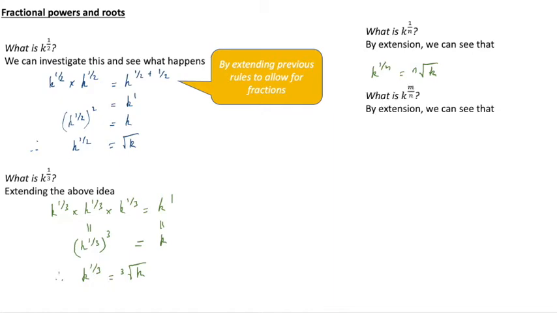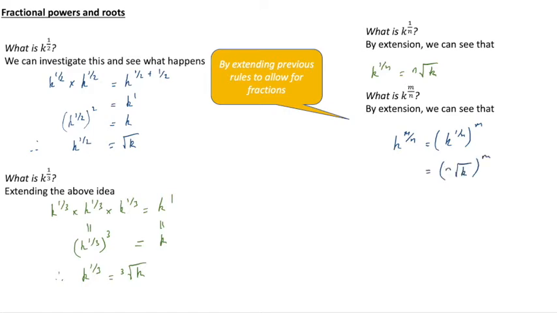We also want to be able to deal with fractions that don't have 1 on the top. So what is k to the power of m over n? And again, by extending from previous rules, we see that k to the power of m over n is equal to k to the power of 1 over n, to the power of m. So that's using the power rule sort of backwards, as it were.